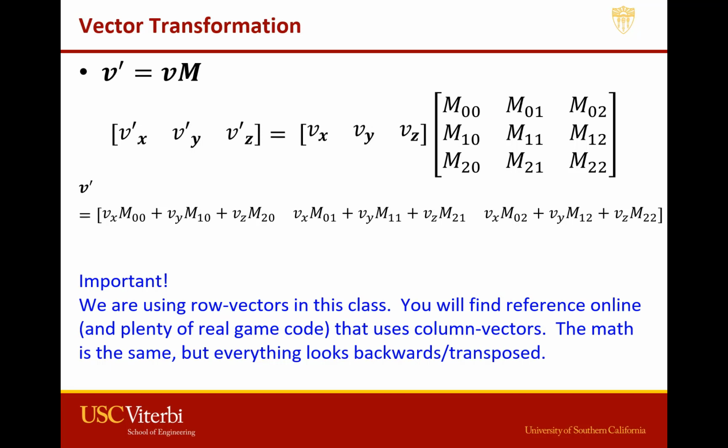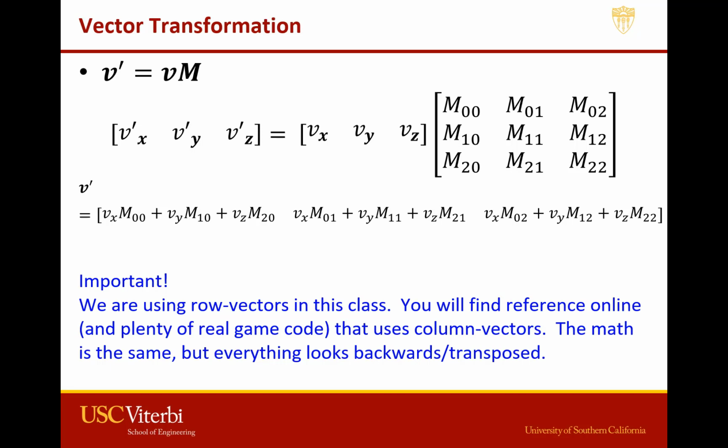The only way you can multiply them is in the other order. So you might see in a textbook or online v prime equals M times v. That would mean that they are using column vectors instead of row vectors. So in this class, I'm going to stick with the row vector for no particular reason other than that's what we did in 380, and I'm staying consistent with it.